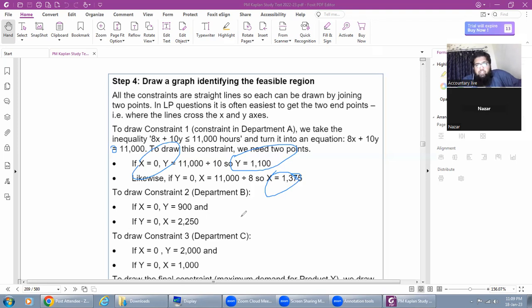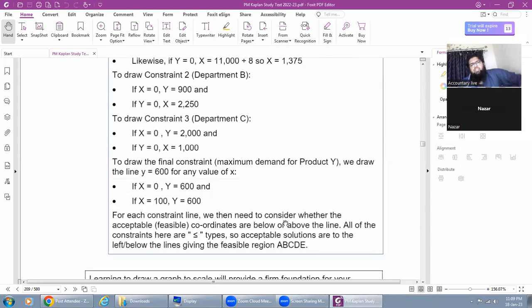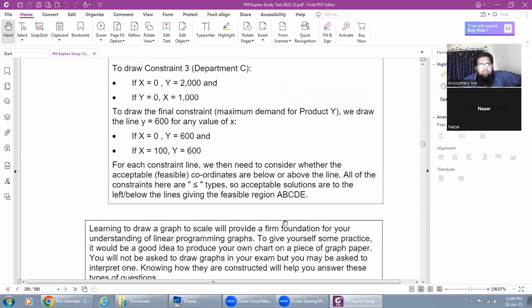Similarly, for constraint 2 and constraint 3 we have values, and for the final constraint, we have a value: y equals 600.